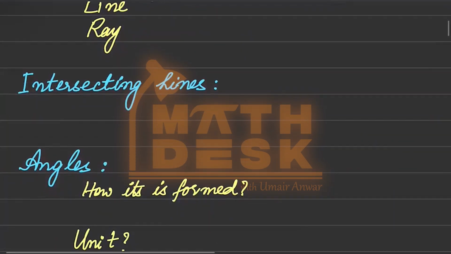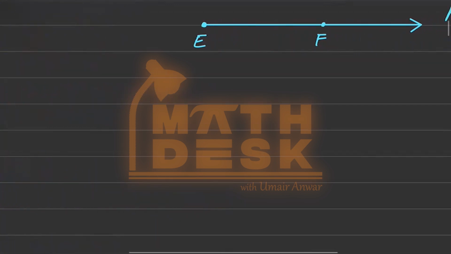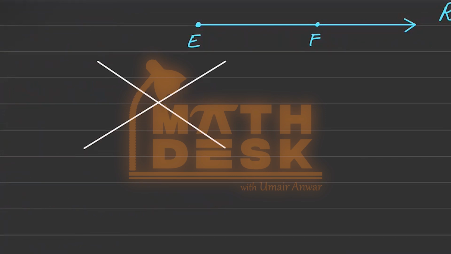Now, the next thing is intersecting lines. If we have, for example, 2 lines like this, and they are intersecting each other, then they would be having a common point. And this common point is called their point of intersection.